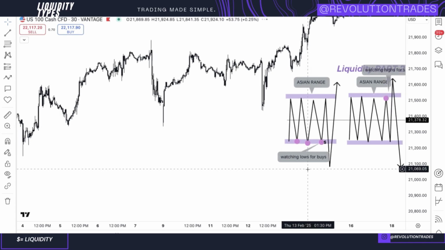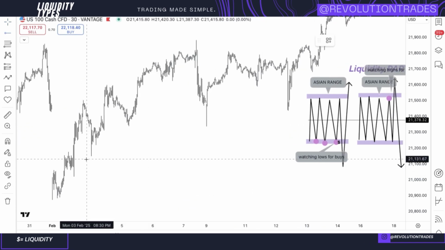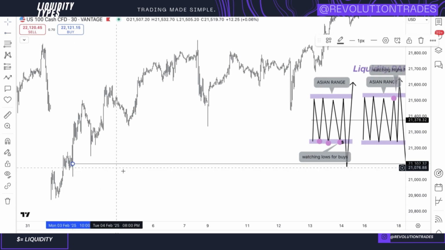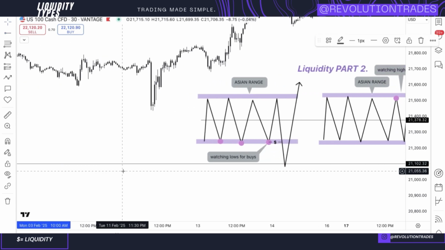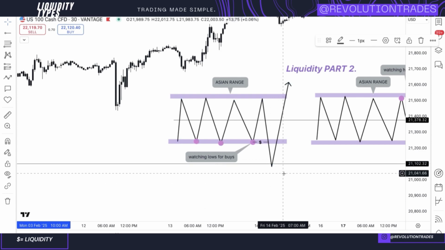Sometimes price will come slightly lower and run through the low and it might not be a liquidity sweep. So what I like to do is find a point in the past that's slightly below my support where price could potentially react off of, to then get in for buys if price decides to hold at that zone, okay?